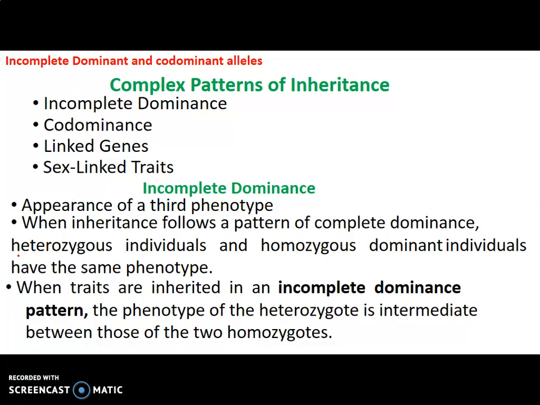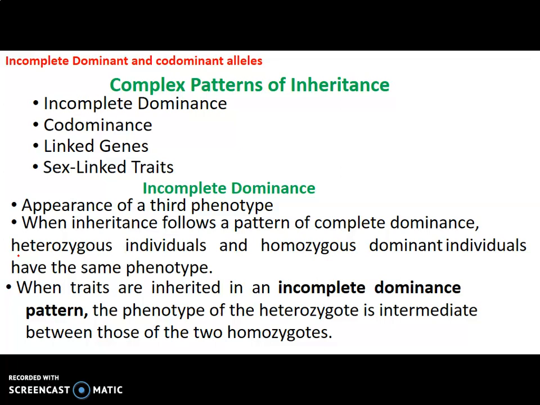When we say that there is an appearance of a third phenotype, you should understand that in complete dominance, heterozygote individuals and homozygote individuals both have the same phenotype. If the gene allele of tallness is capital TT, and the heterozygote is capital T, small t, both the heterozygote and the homozygote have the same phenotype.